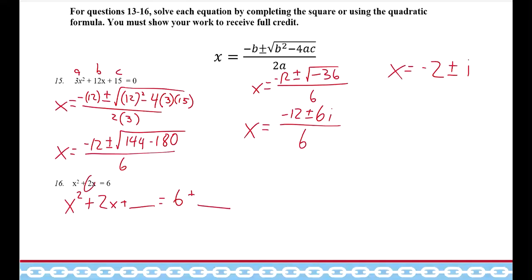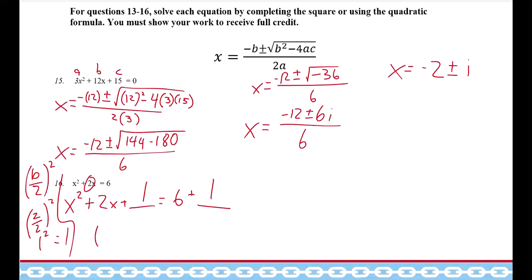To determine what we are going to add to complete the square, we take this b value, and we go b over 2 squared. That's what will give us a perfect square on the left side. So that would be 2 over 2 all squared. Well, 2 divided by 2 is 1, and 1 squared is equal to 1. So what we add to both sides is 1.